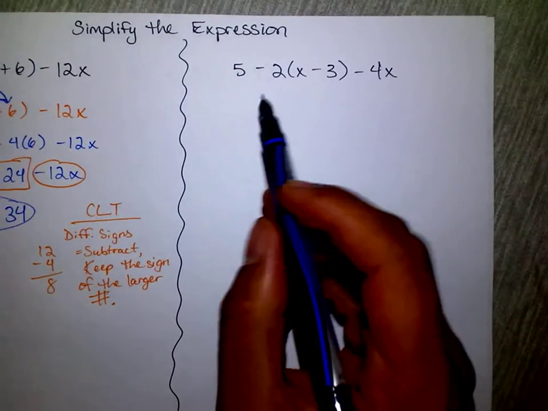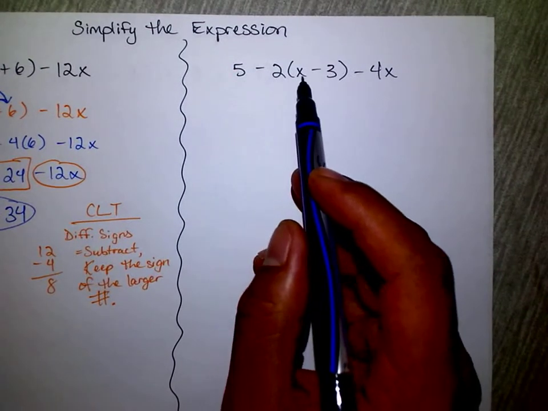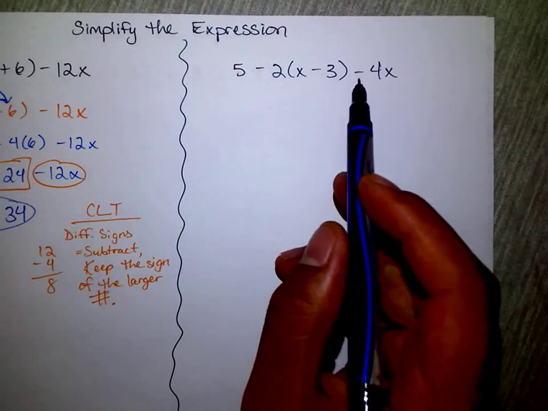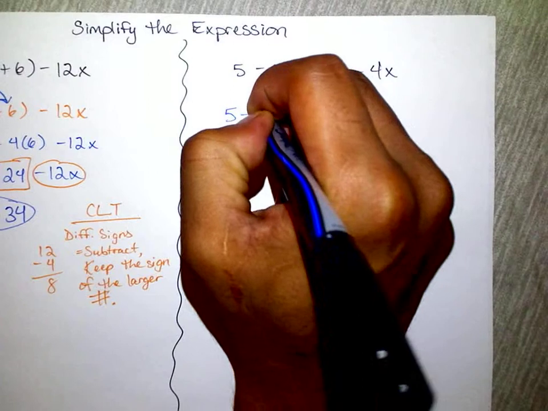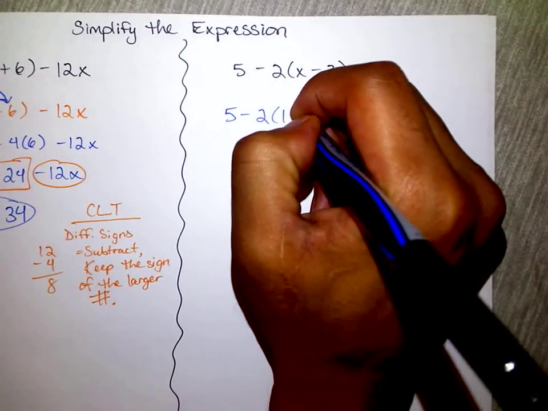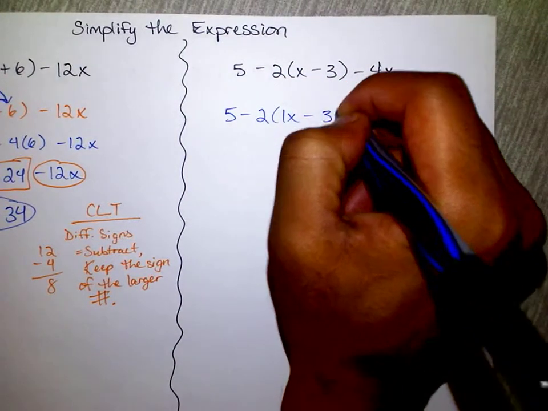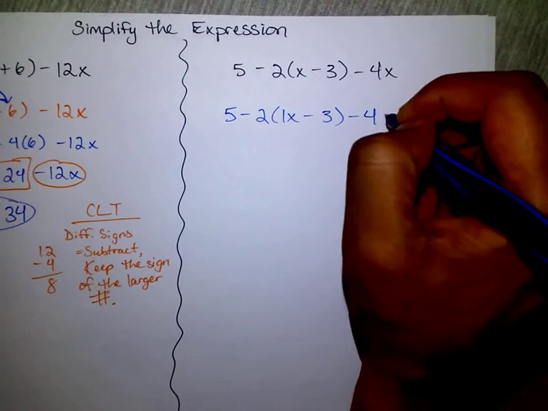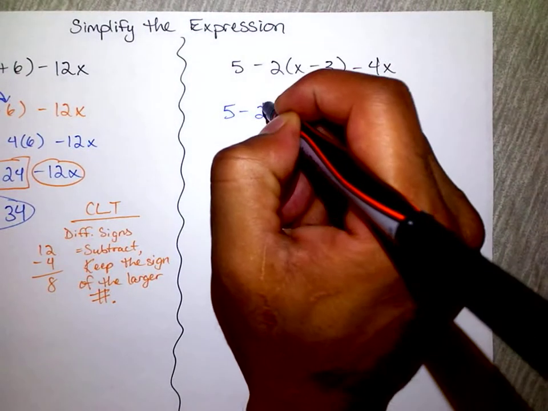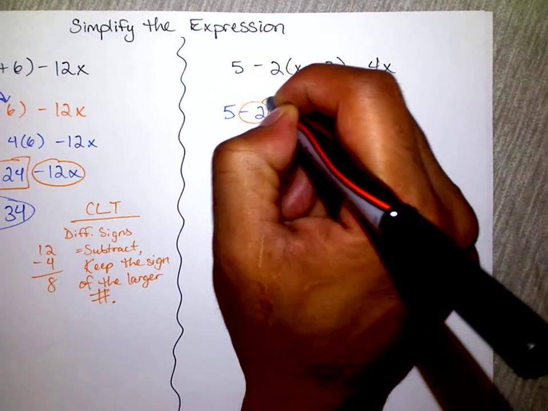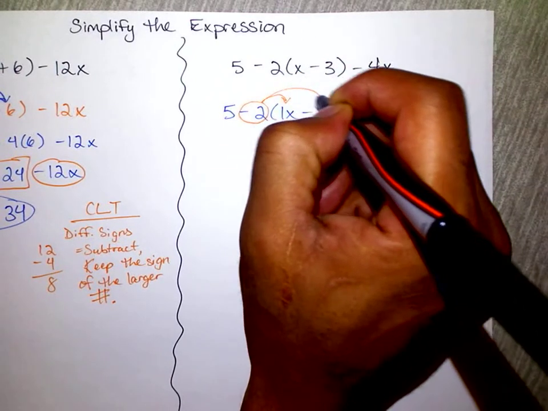Alright. We have 5 minus 2 times x minus 3 minus 4x. So rewrite it. 5 minus 2 times, and then we're going to make that a 1x minus 3 minus 4x. Okay? We're distributing once again, and we're distributing this negative 2 to this 1x and to this negative 3.